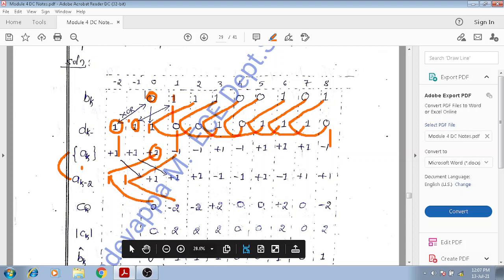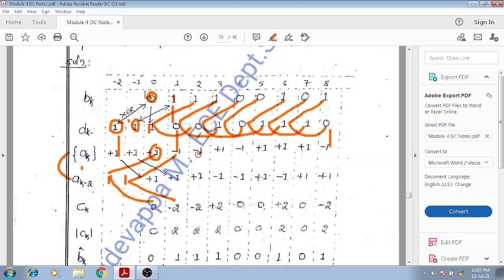Is that clear? Next, for this one, plus 1 minus plus 1 is how much?